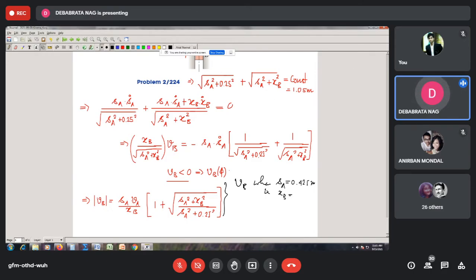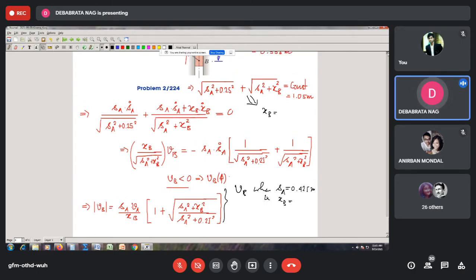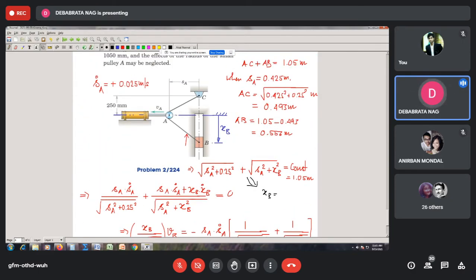So use this relationship to solve for XB, or we have already solved the dimension AB, and this dimension AB is nothing but the square root of SS square plus XB square, correct? Since SA is known to be 0.425 meter, corresponding to that we can find the value of XB.